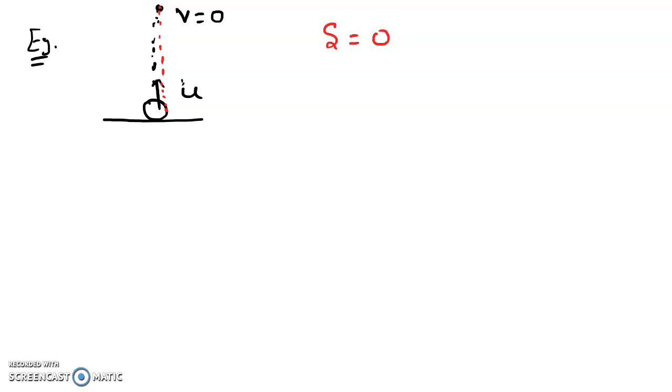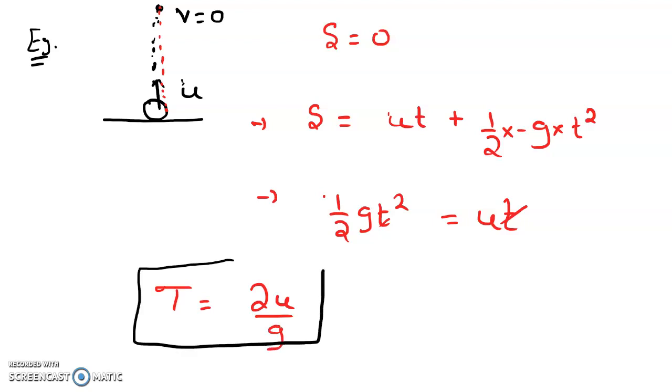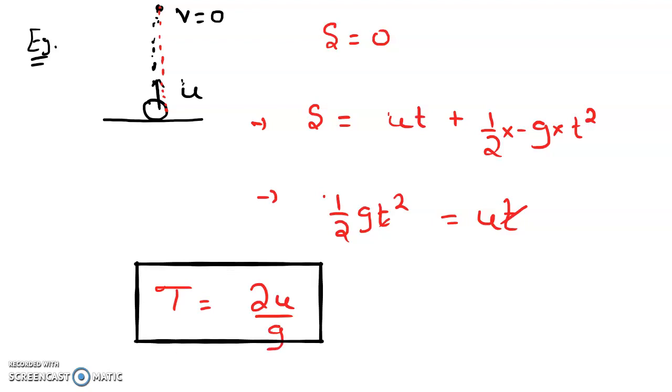I would apply s equals ut plus half at square, with a as minus g, because g acts downwards. So s is 0, so eventually I can write this. So time of flight is 2u by g, nothing. And maximum height is u square by 2g.